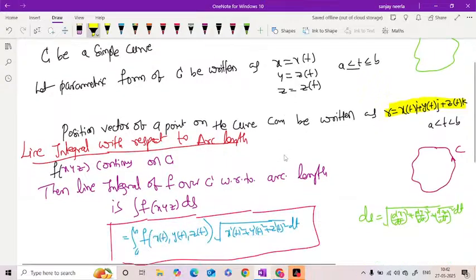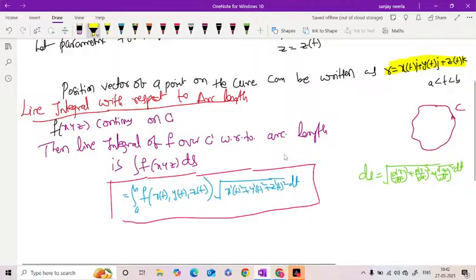And the first one is line integral with respect to the arc length. So here the function f of x, y, z is a continuous function on the curve. The curve is x is equal to a function of t, y is equal to a function of t, z is equal to a function of t.